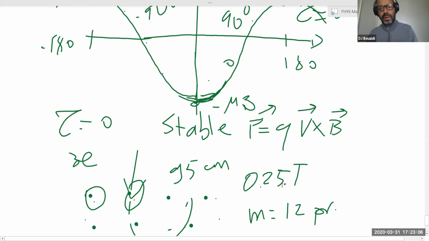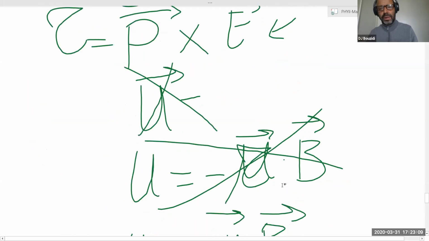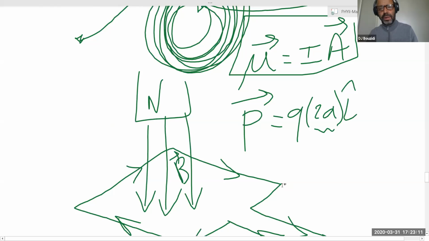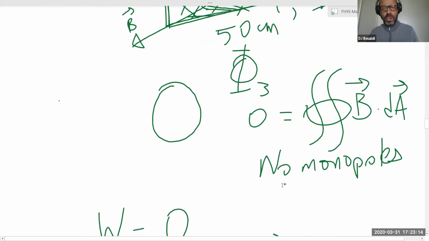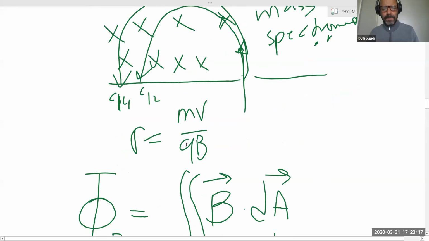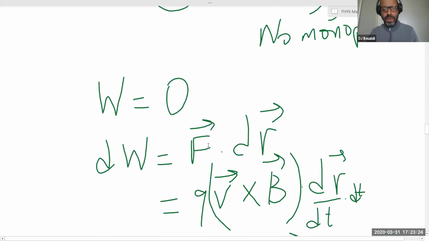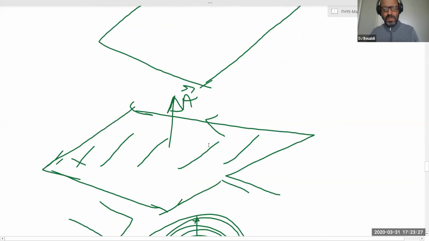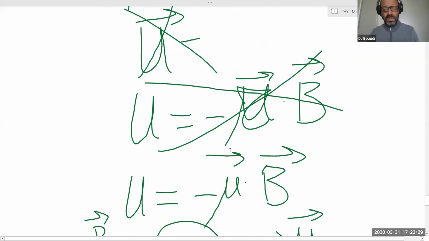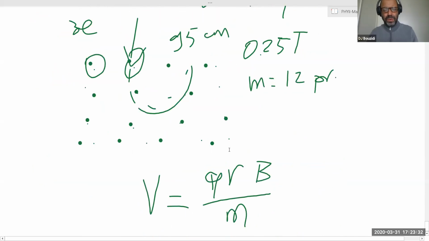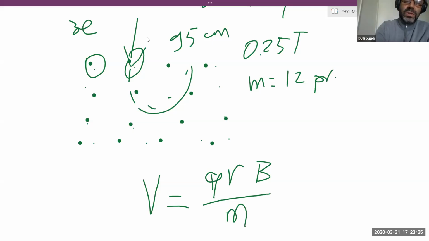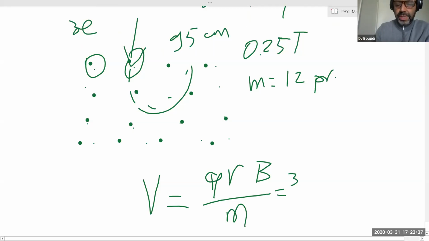QR. So V is RQB divided by M, yes. QRB divided by M. So Q was given to be 3 times the charge of the proton, and the charge of the proton is 1.6 times 10 to the negative 19.